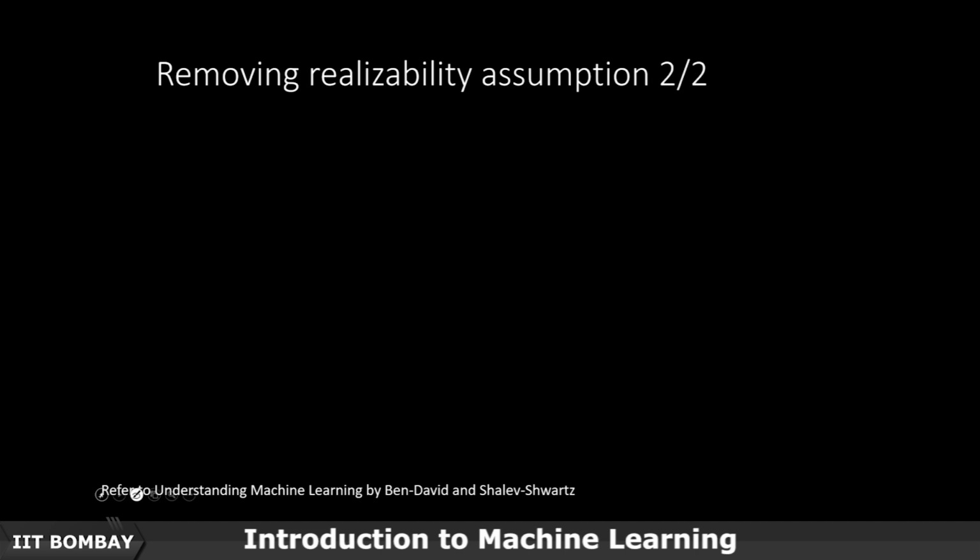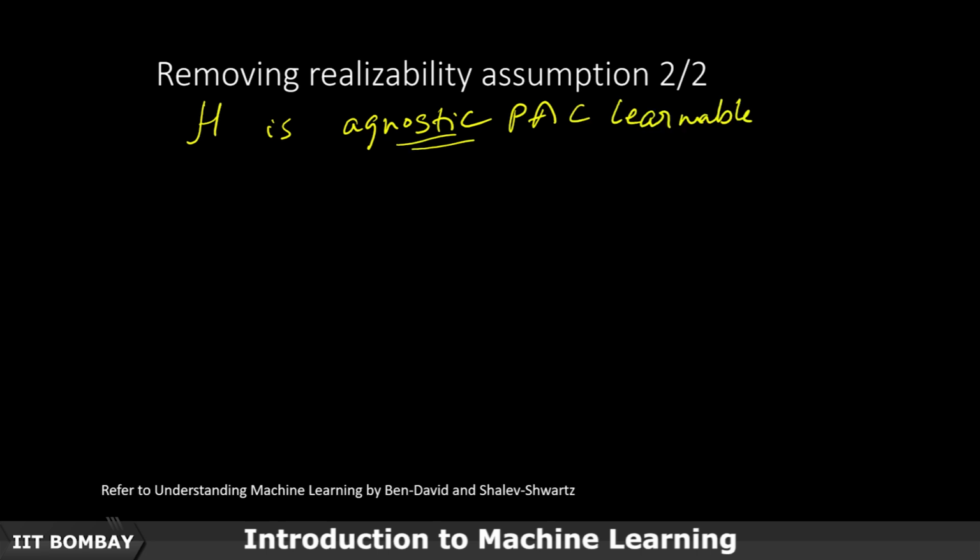So what we say is that if we have a hypothesis class H, it is agnostic PAC learnable, agnostic as in it doesn't assume that there is realizability; it is agnostic to realizability.